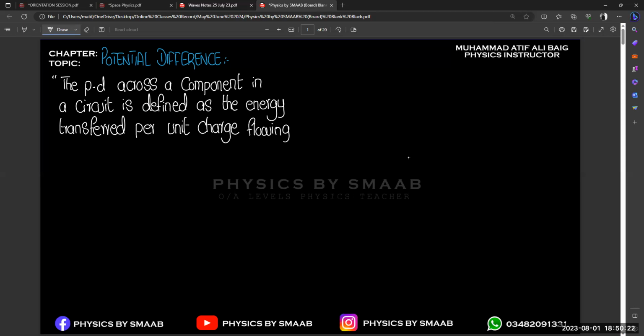Any definition, that will be easy for you in the exam, because there are multiple definitions for potential difference. And EMF is also going to be included in this chapter, because now we have to discuss the internal resistance of the battery plus external resistance. Now we study the extended topics. So this is the definition for potential difference.